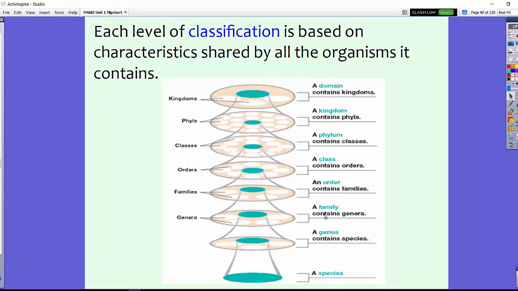A family contains genera, or multiple genuses, and a genus contains a species, until you have this one lonely organism down here. So many organisms at the top, down to one. It's very important that you understand that, only because the whole system is based off of the number of organisms that are contained in it.